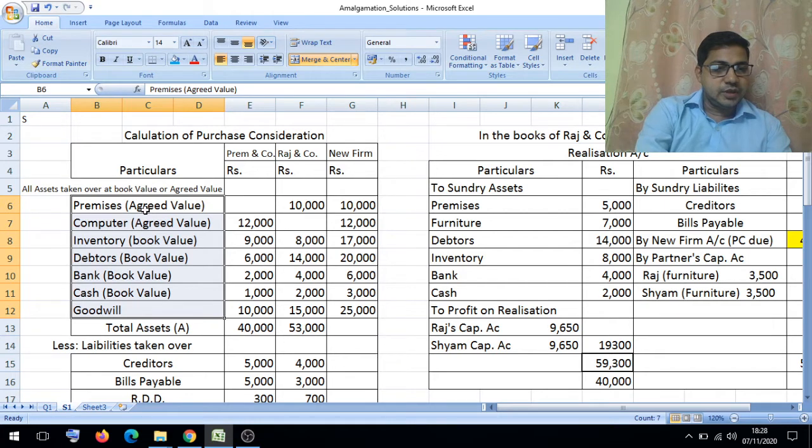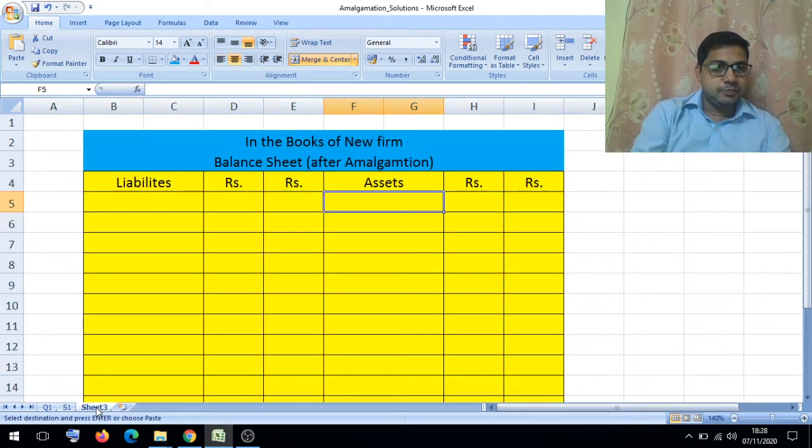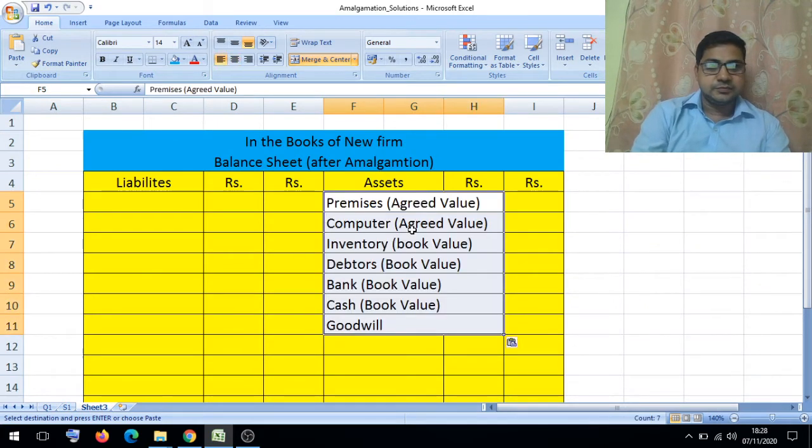So here I can copy this and put it on the asset side. It is not necessary to write the book value.